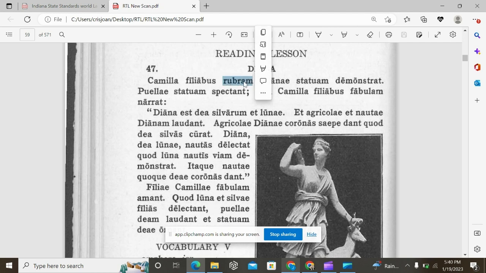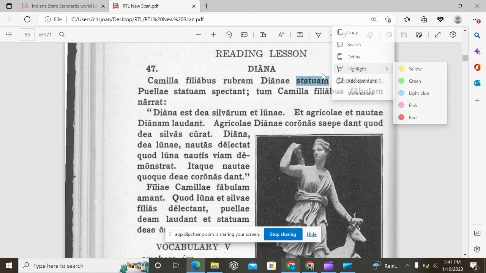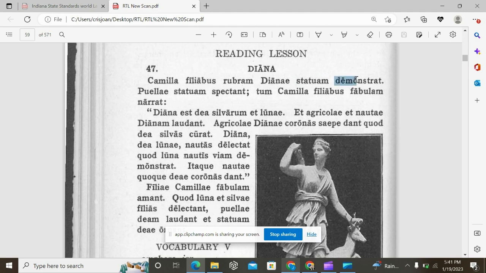Rubram is an accusative singular form of the adjective red. Dianae is a form of the name of the goddess Diana. We see the I ending, which could be genitive or dative, we're not sure. And then statuam, with the accusative ending, and then a verb at the end, demonstrat.